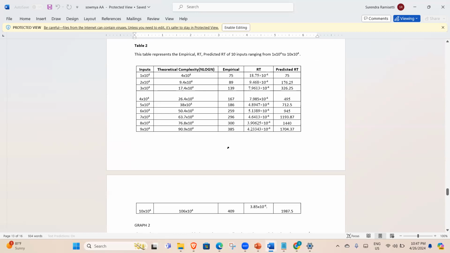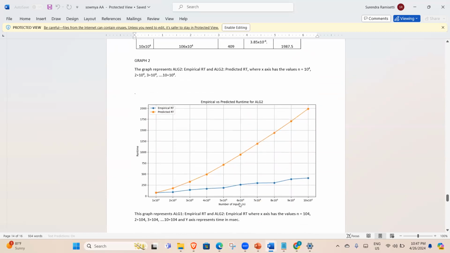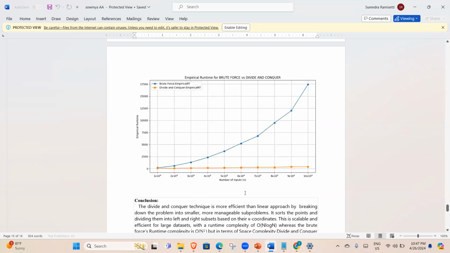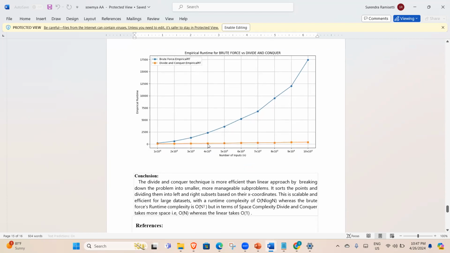This is table 2 for the divide and conquer approach, and this is the graph for empirical and predicted, where X takes inputs and Y takes runtime. This is the combined graph for both brute force and divide and conquer algorithms. The X-axis has the number of inputs and the Y-axis has runtime.